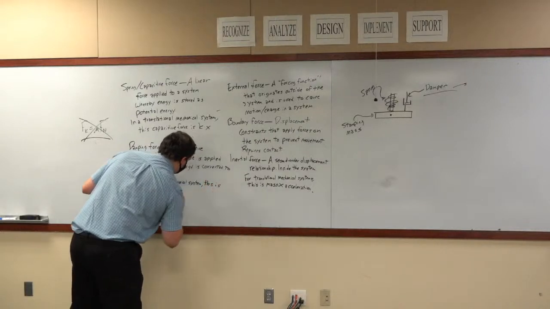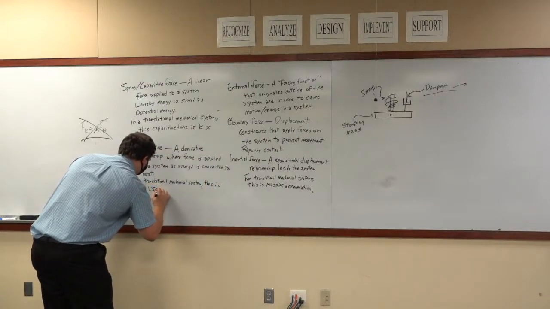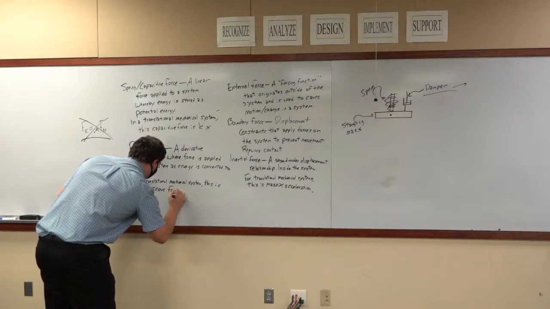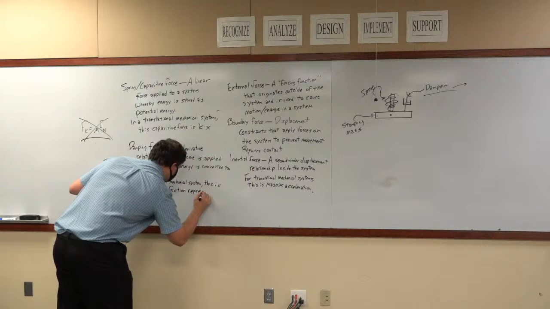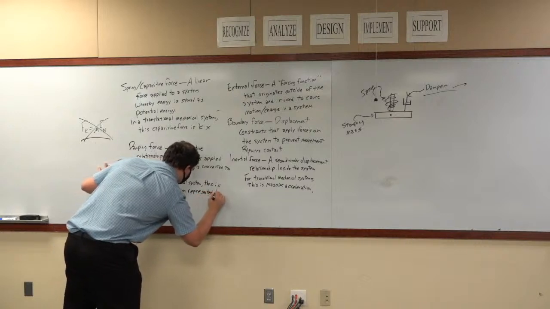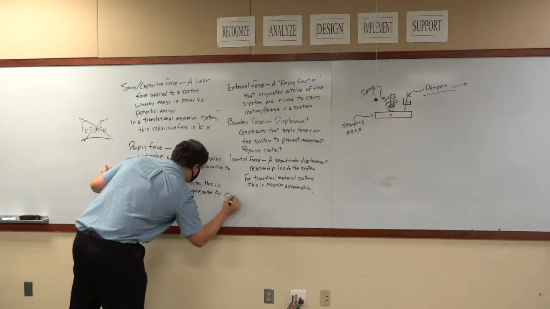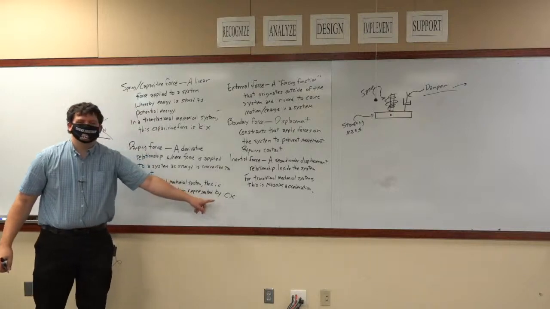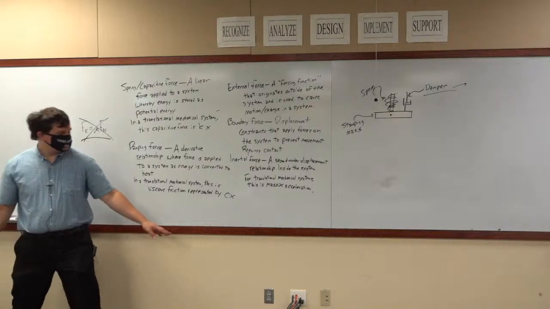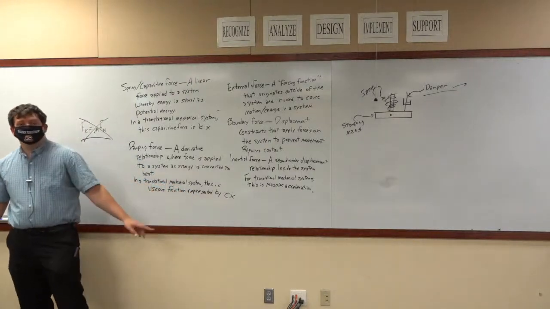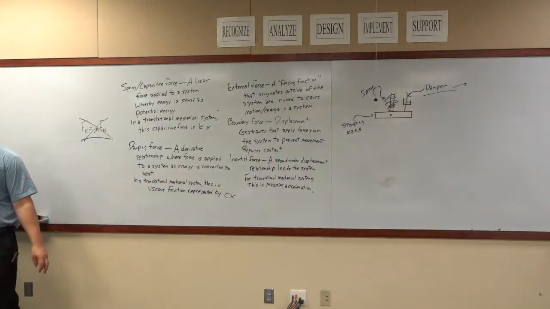This is viscous friction, represented by C x dot, where C is the coefficient of viscous damping and x dot is the velocity of that component. Okay?